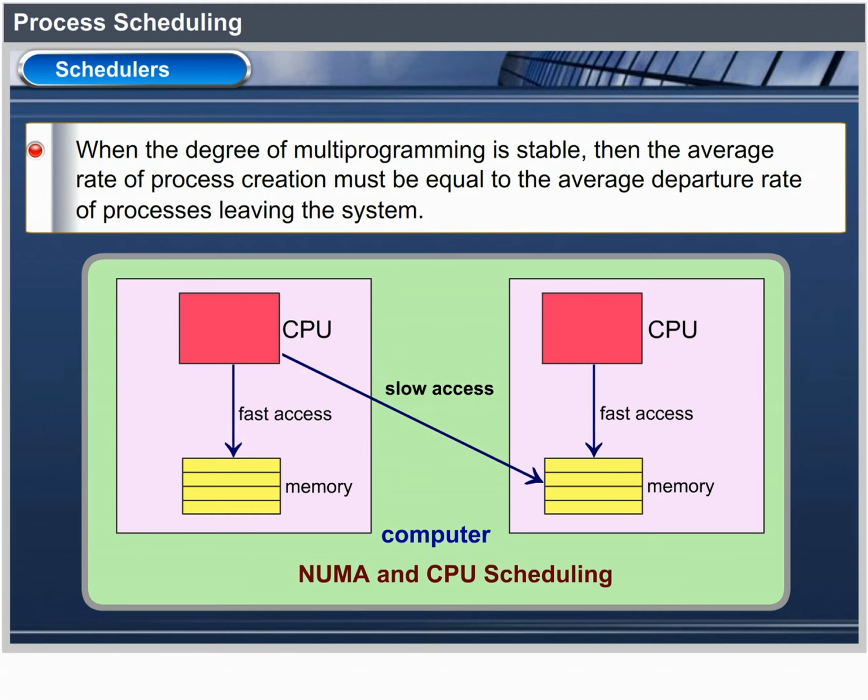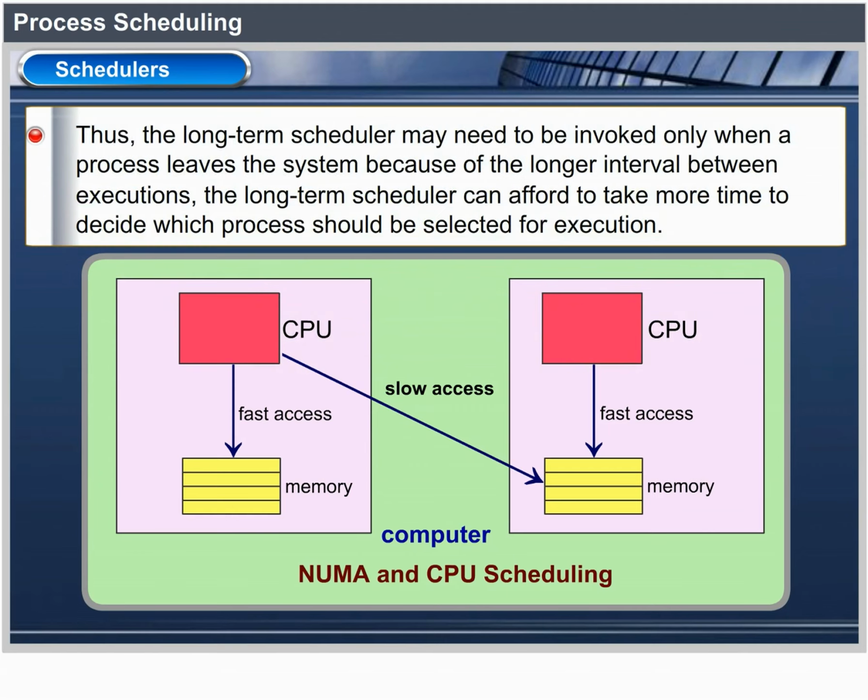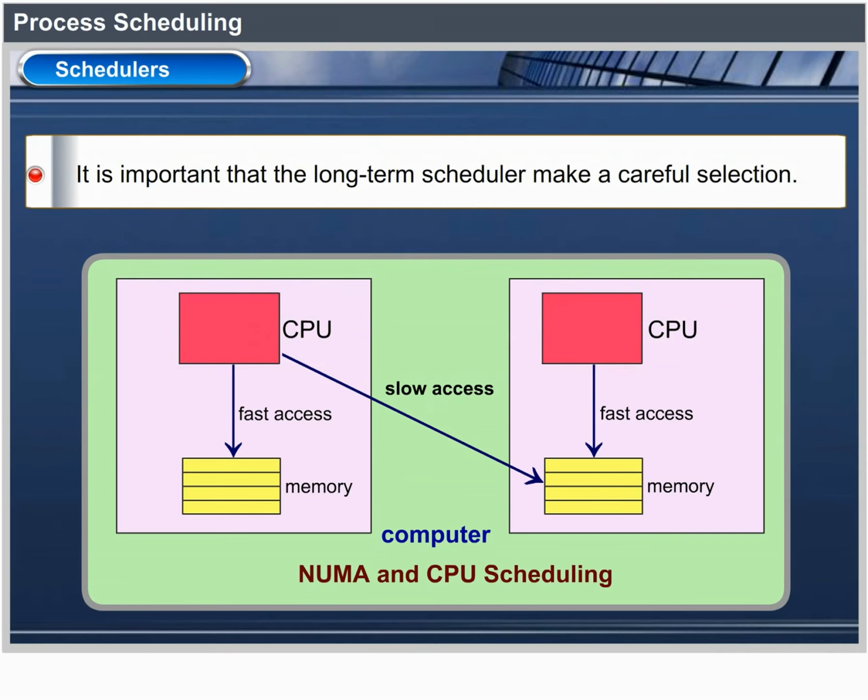Thus, the long-term scheduler may need to be invoked only when a process leaves the system. Because of the longer interval between executions, the long-term scheduler can afford to take more time to decide which process should be selected for execution. It is important that the long-term scheduler make a careful selection.